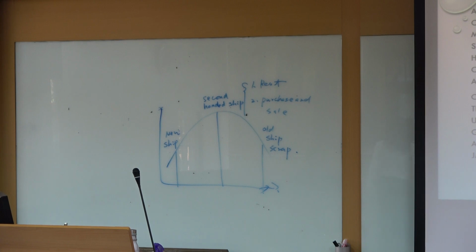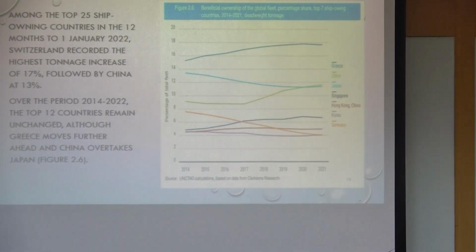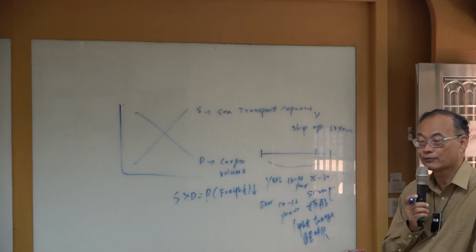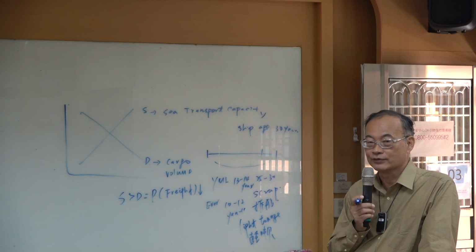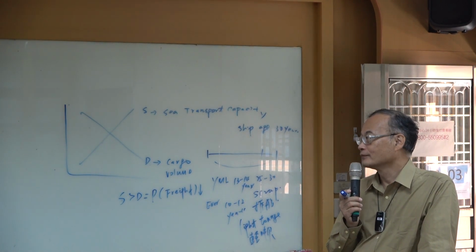So in the future, normally there will be trendy vessels ordering new ships. That means in the future this kind of sea transport capacity problem will become very serious year by year.